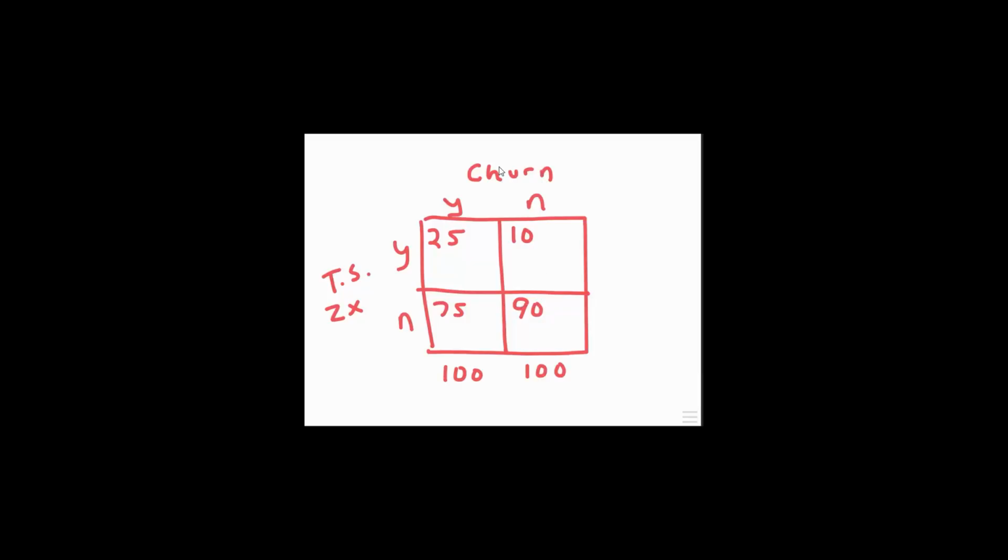And this is how you set up the case control study every time. You have on the top the response variable, and then on the left side here, our exposure or explanatory variable. It's always that they were exposed, in this case, that they did have the characteristic of seeking technical support, or they didn't.